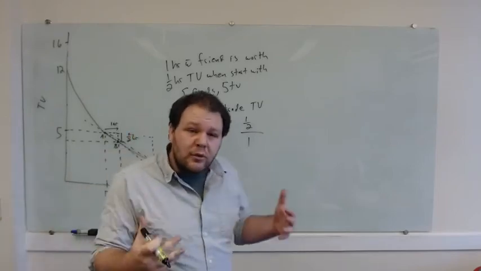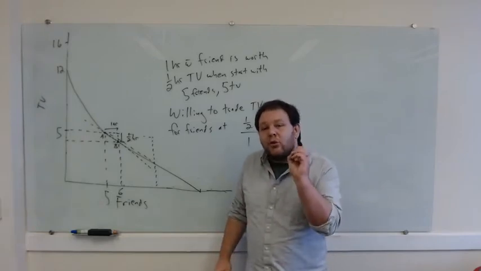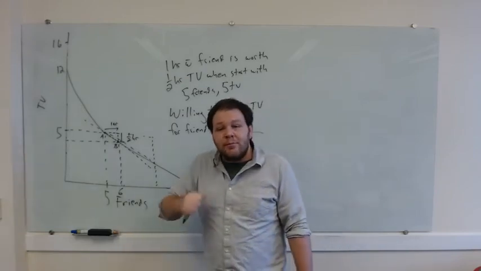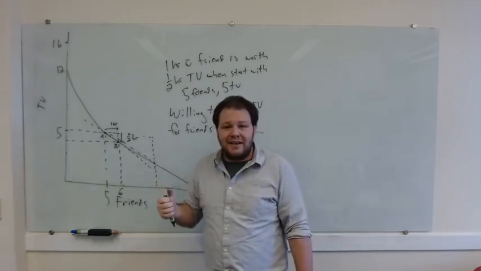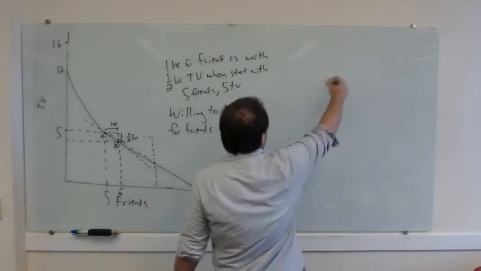So what we're going to want to do is think about how much a marginal, incremental increase in friend time is worth in terms of a marginal, incremental decrease in TV time. So we're going to define a marginal rate of substitution.